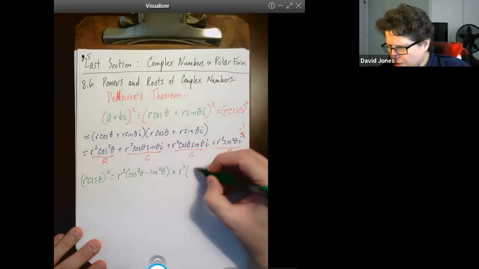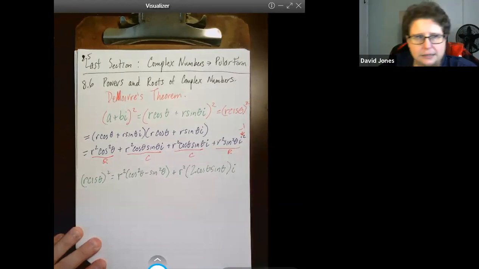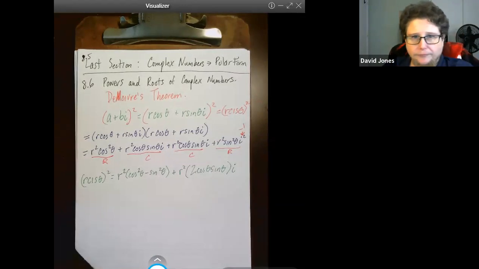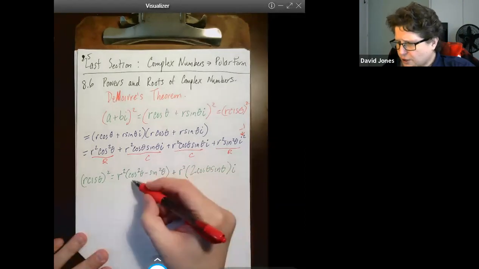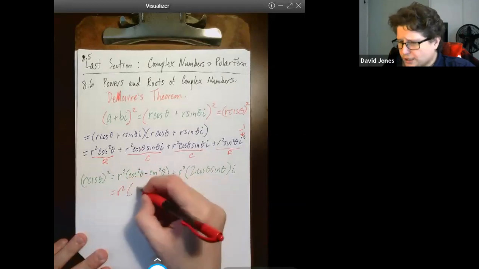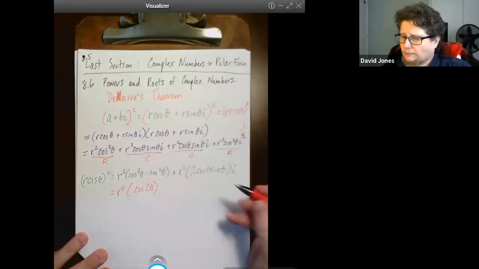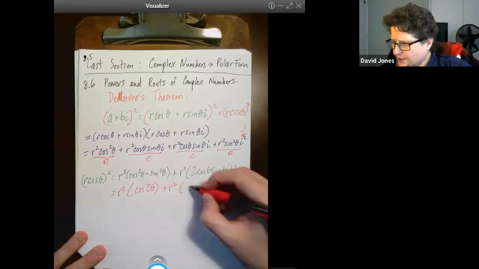And it looks like I've got 2 cosine theta sine theta, which looks a little funny in the form I wrote it, but it should look familiar. Do we have any formulas for anything that's present? We do. This is cosine 2 theta, sorry. And this one is sine 2 theta.